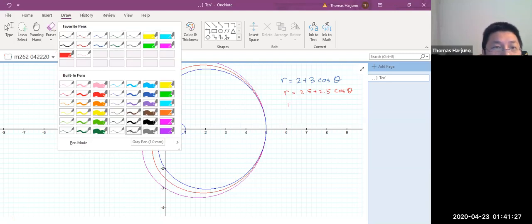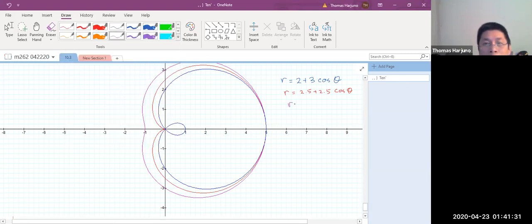Do I have a purple one? I have this one. Okay, so r equals 3 plus 2 cosine theta. Now it doesn't have a loop, and the minimum distance from the origin is 1. So the difference between these two numbers must be 1, and the sum must be 5.